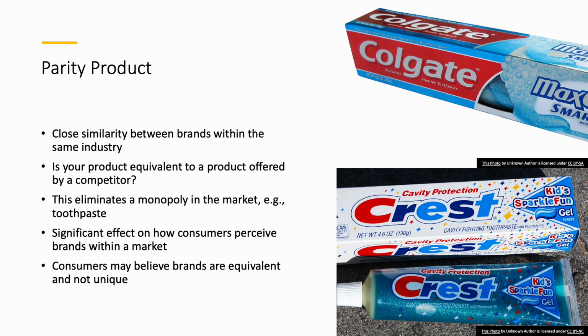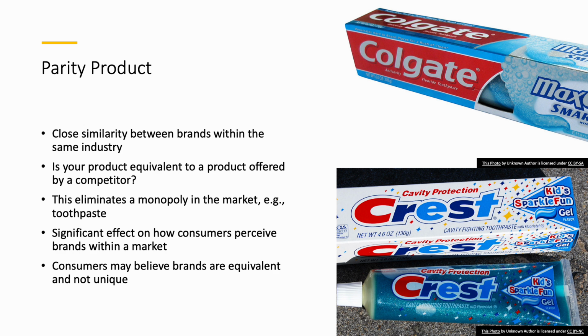The next thing I want to focus on is parity products. Now, a parity product is one that's very similar to others in the same industry. You want to ask yourself, is your product equivalent to what your competitors offer? This creates a level playing field. No brand has a monopoly, and it's common in markets like toothpaste or bottled water.